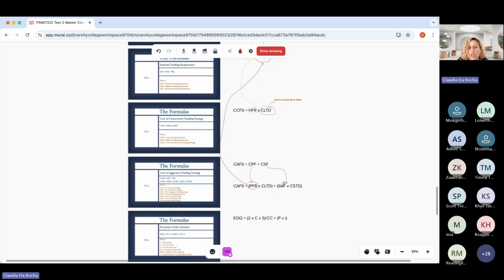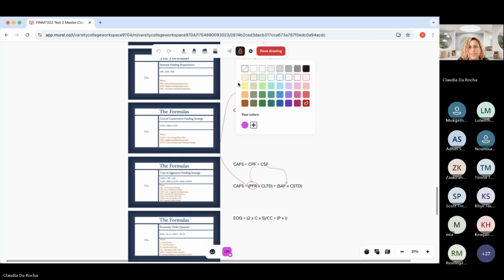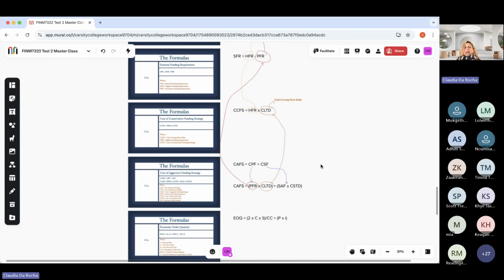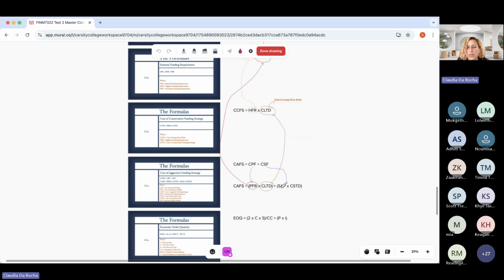And then we've got our cost of long-term debt, which is the same as what we have here. And then here it's a bit different. You have your seasonal annual fund, which is an average. So in essence, the way you would calculate that, I'll just write it here for you.